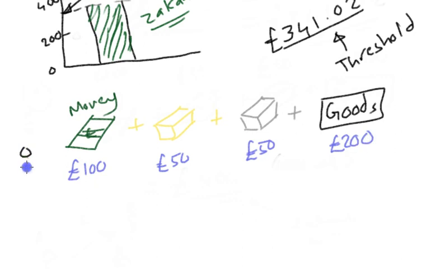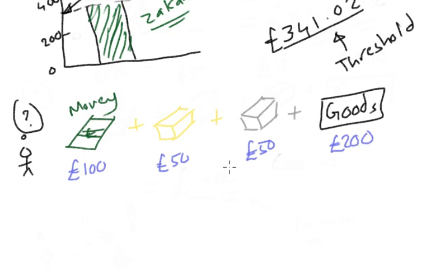So how much zakat does he have to give, or does he have to give zakat? Because they're different amounts, they don't reach the threshold individually. Remember, the threshold for money was 341, for gold was 87 grams, and for silver was 612 grams, and for goods itself.